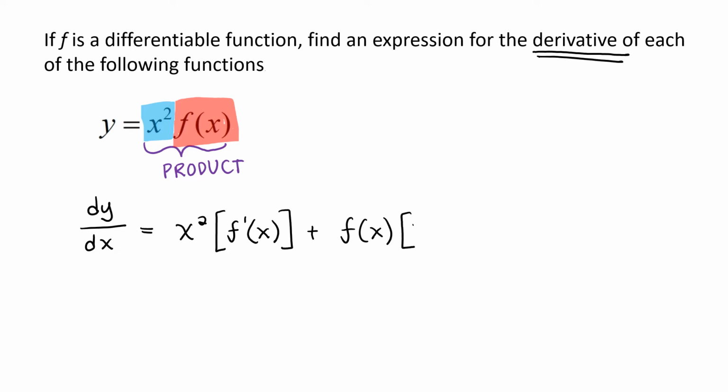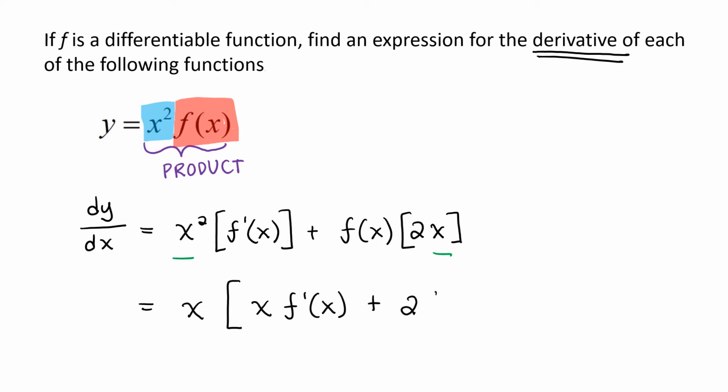The derivative of x squared is 2x. We have a common factor of x between each of these, so we can write this as x times the quantity x f prime of x plus 2 f of x. And this would be dy dx, the derivative of y.